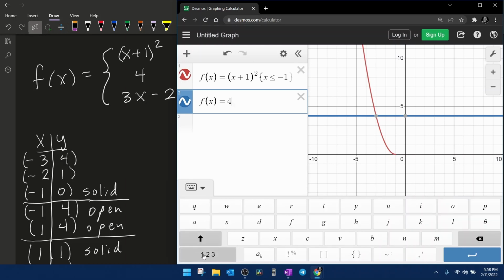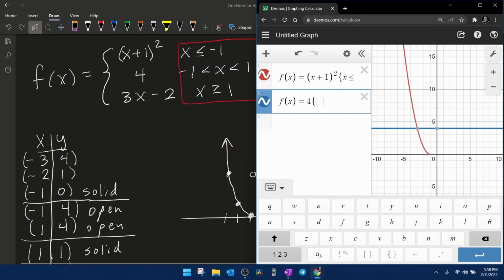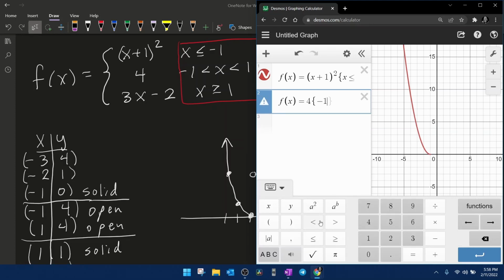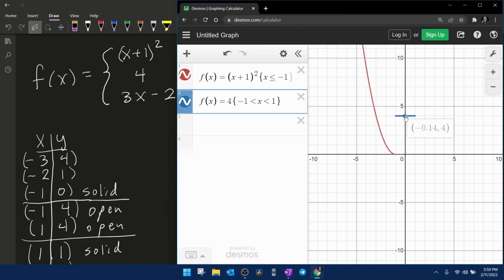So back to the ABC button, grab another set of braces, and if you remember the restriction here, you're going to input that just the way it looks. -1 less than x less than 1. And enter.